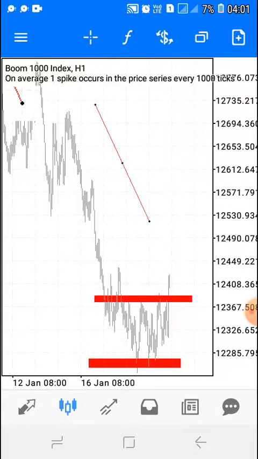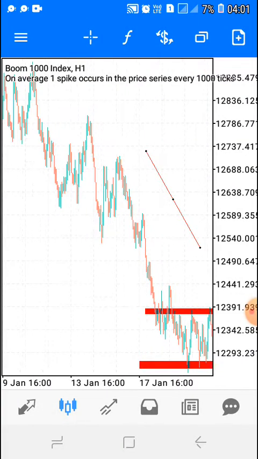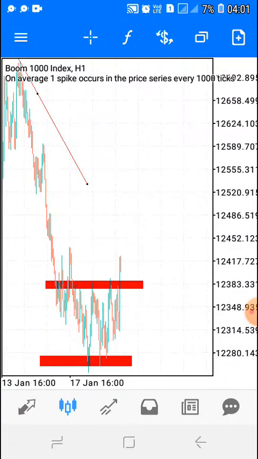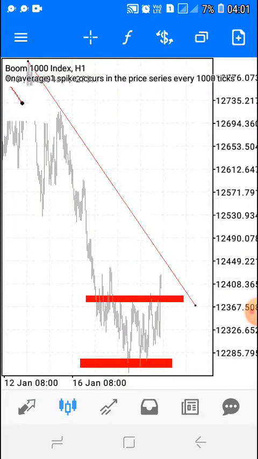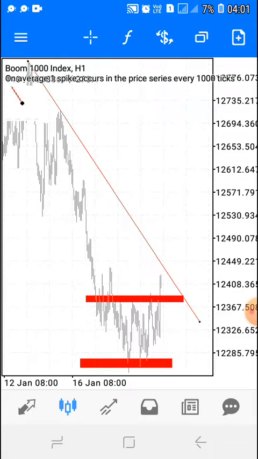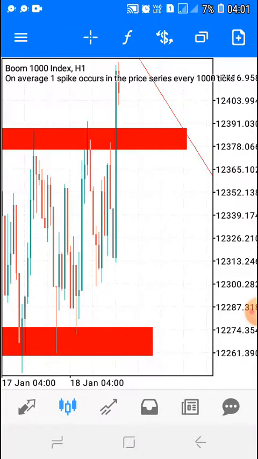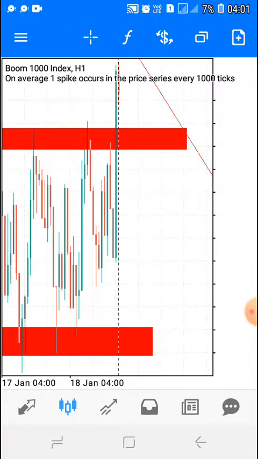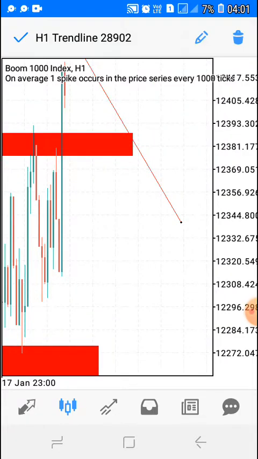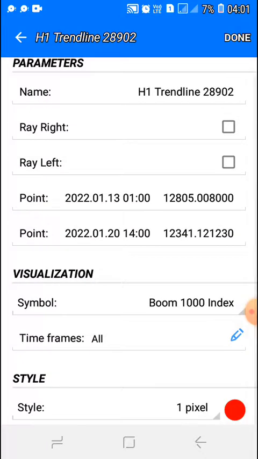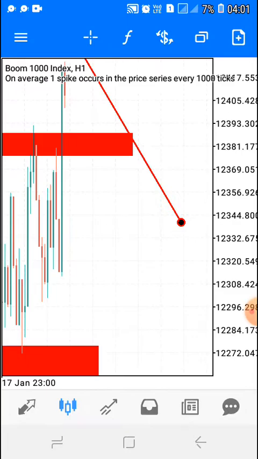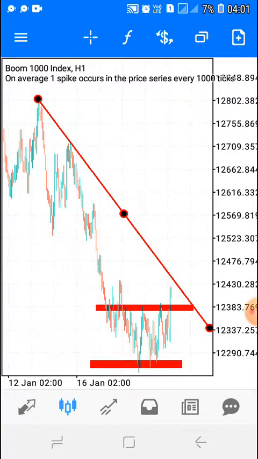So I'm just going to take my trend line, and what I can see over here is that the market was trending down. It didn't break above this trend line. But if we look closer, we can actually see what happened. Check this out.